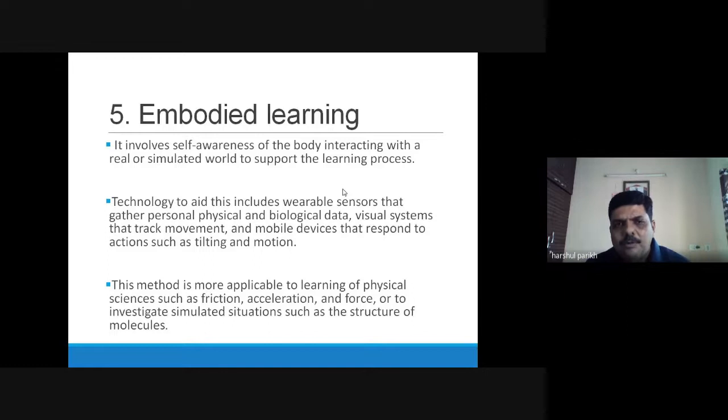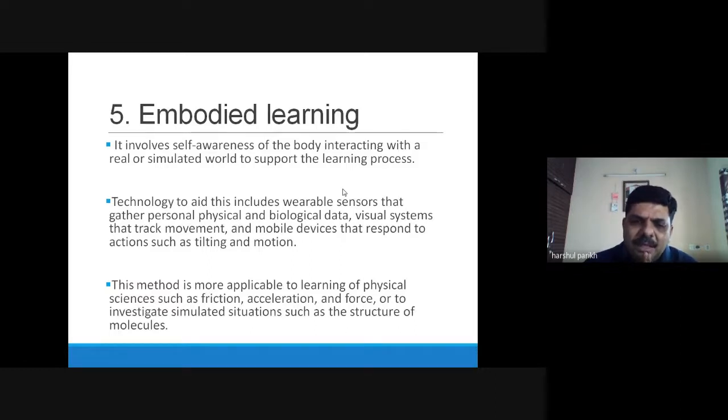So this kind of learning involves interaction between the real and simulated world. The learner can feel the changes taking place, the learner can experience the process.